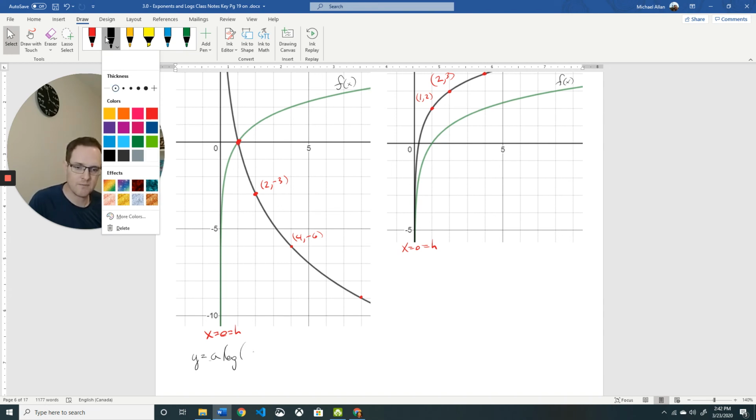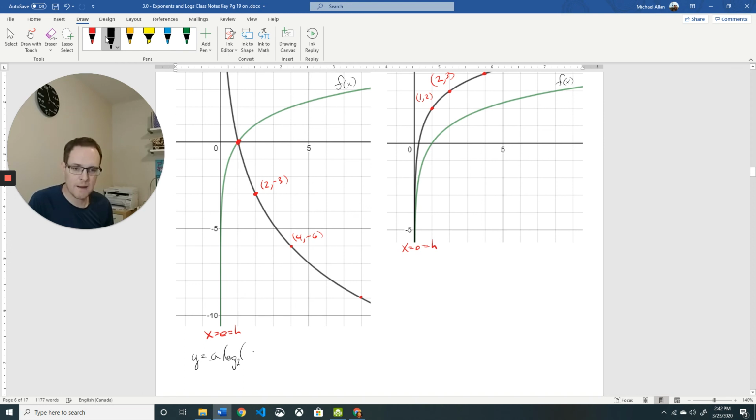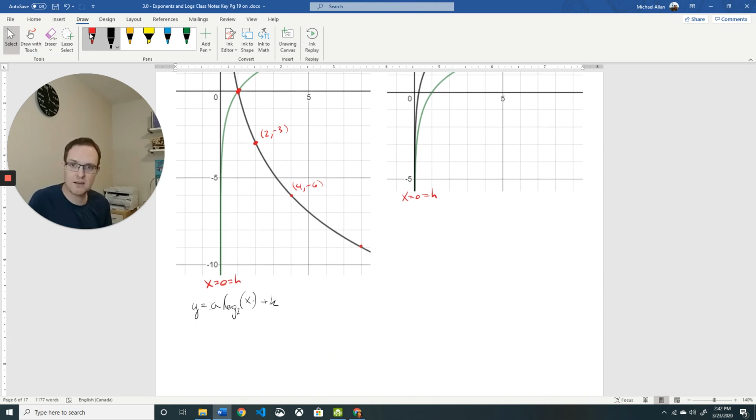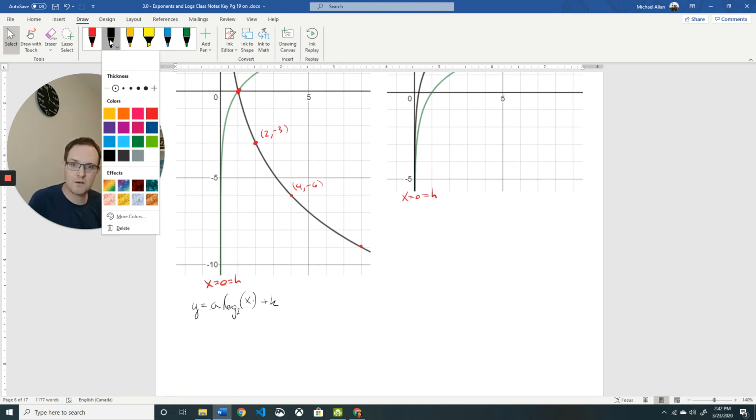We know our h value is 0, so there's just an x here, and I can go plus k. Now what we're going to do is put some points in there and create a system to solve for a and k using what we have here.